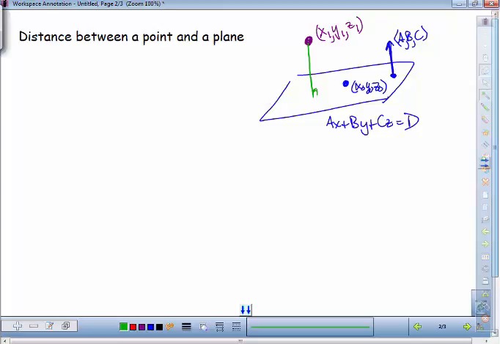So what we would do is we would find a vector connecting the point that's not on the plane and another point that's on the plane. And then we're going to project it on the normal. It doesn't really matter which way this is pointing. So I'm going to draw it pointing this way.